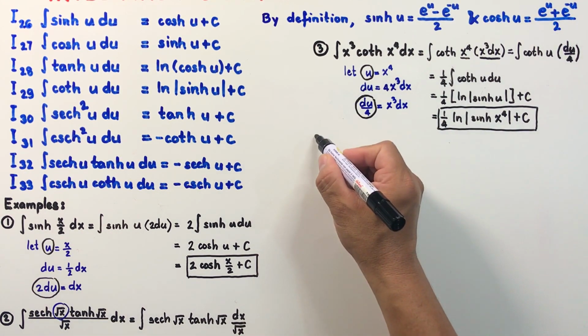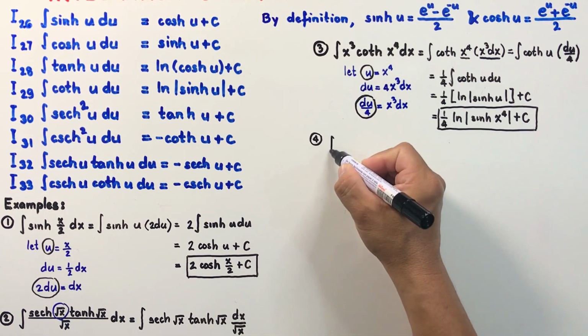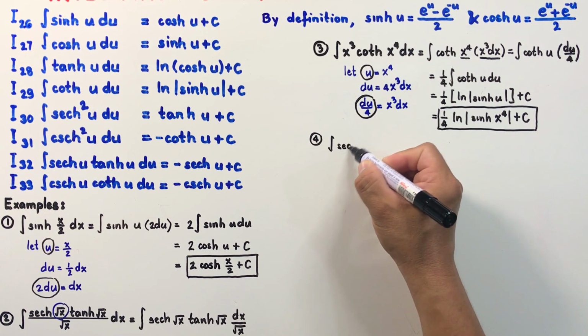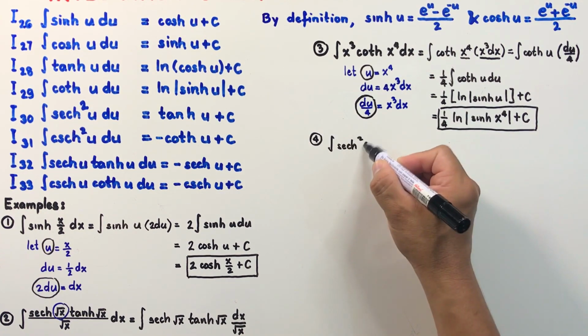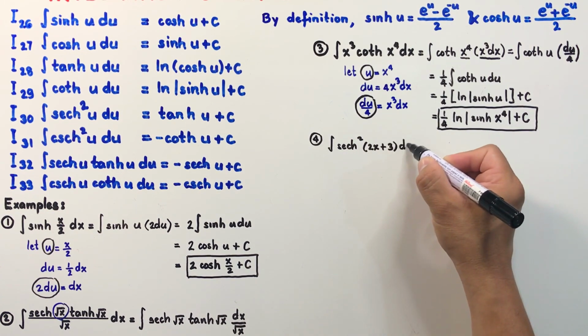Now, let's proceed to our fourth example here. What is the integral of the hyperbolic secant squared of 2x plus 3 dx?